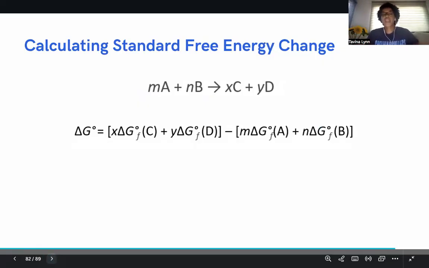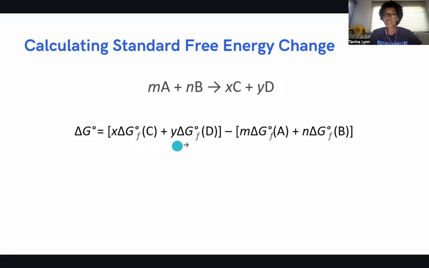For this reaction, the formula for calculating the standard free energy change is as follows. We sum over the standard free energy of formations that were experimentally determined for our products, multiplied by the coefficients for each product, minus the standard free energy change of formation of our reactants times their respective coefficients.